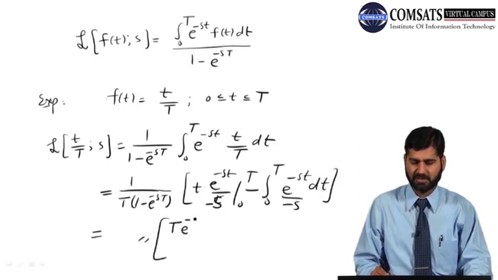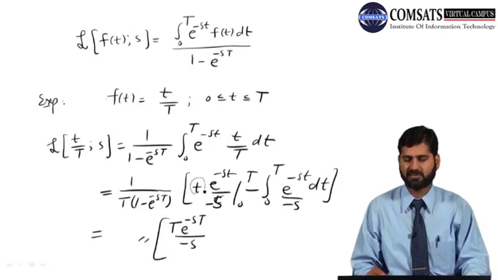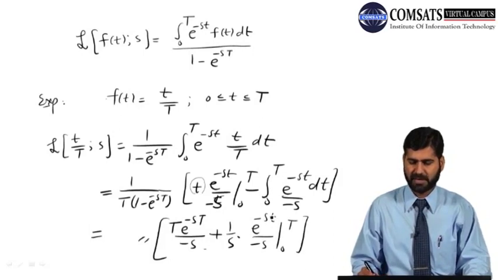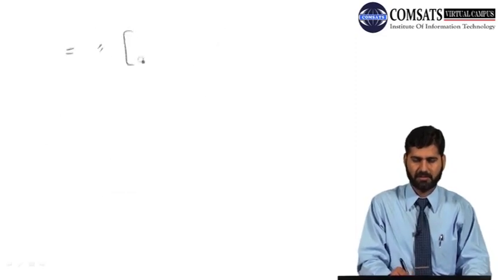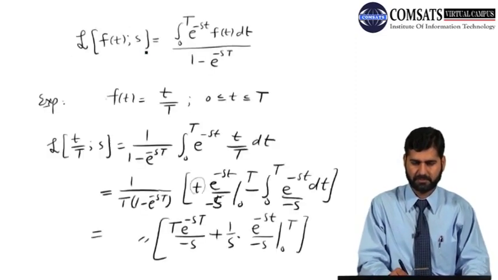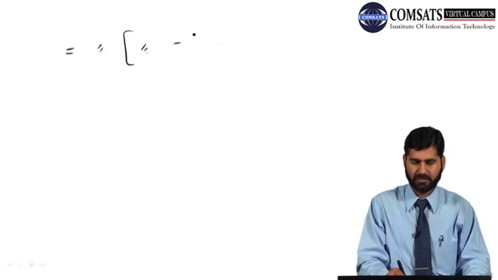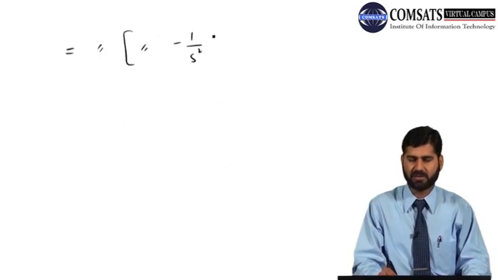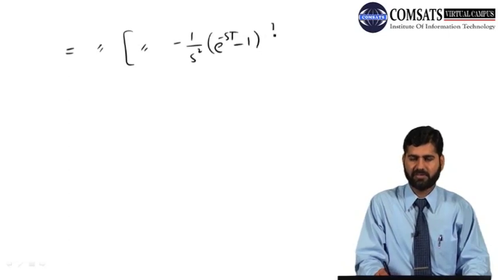So capital T e to the minus s capital T over minus s, and 0 will make it 0 because t is being multiplied, plus 1 over s outside, and e to the minus st again has integration, divided by minus s from 0 to T. So you will get e to the minus s capital T minus 1 over s squared, and e to the minus s capital T minus 1. So this is what you are getting.